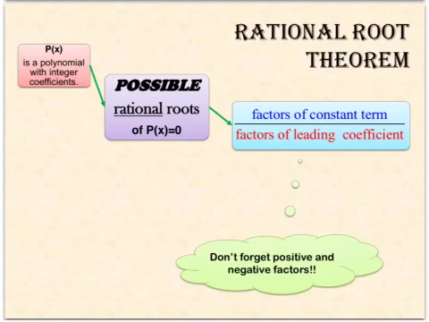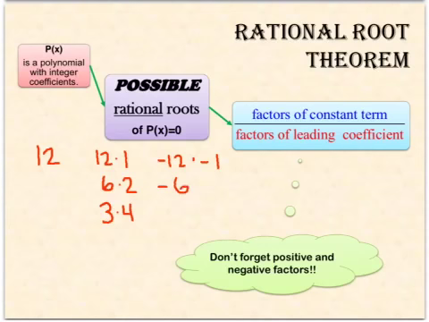So I want you to think about the number 12. If I'm looking at the number 12, what are the factors of 12? Well, I have 12 and 1, I have 6 and 2, and then I have 3 and 4. Now, how else can I make 12? Well, I can do negative 12 times negative 1, negative 6 times negative 2, negative 3 times negative 4.